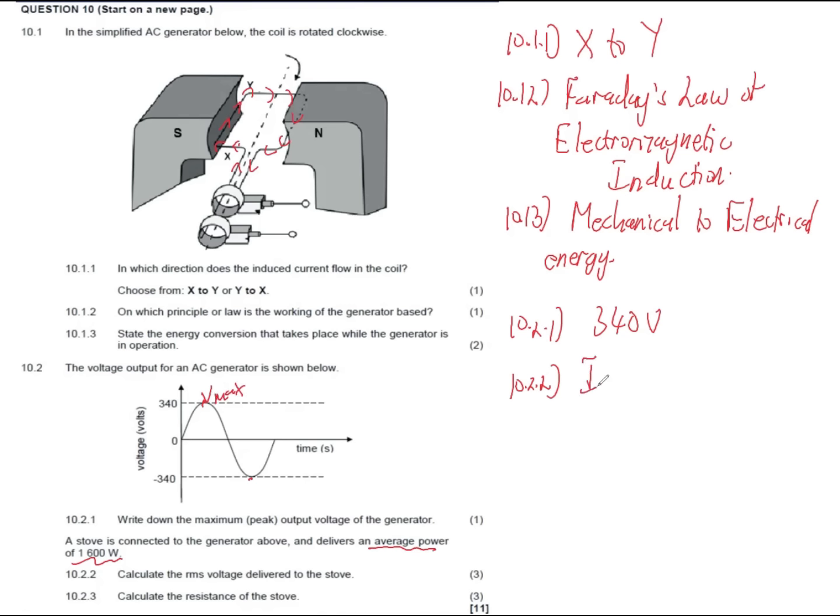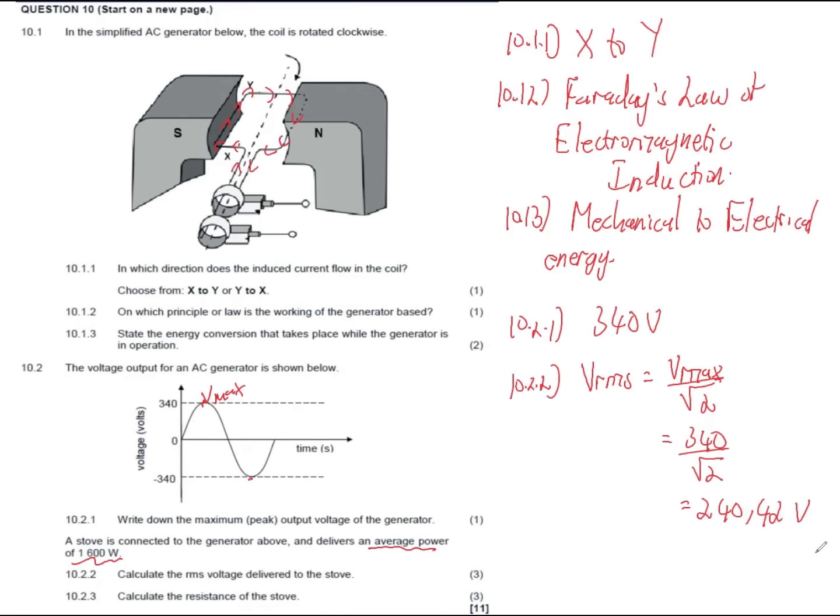So we are just going to say Vrms is equals to Vmax over root 2. Then that's 340 divided by root 2. Punch that into your calculator. That's 240.42 volts. 3 marks. Formula, substitution, correct answer.